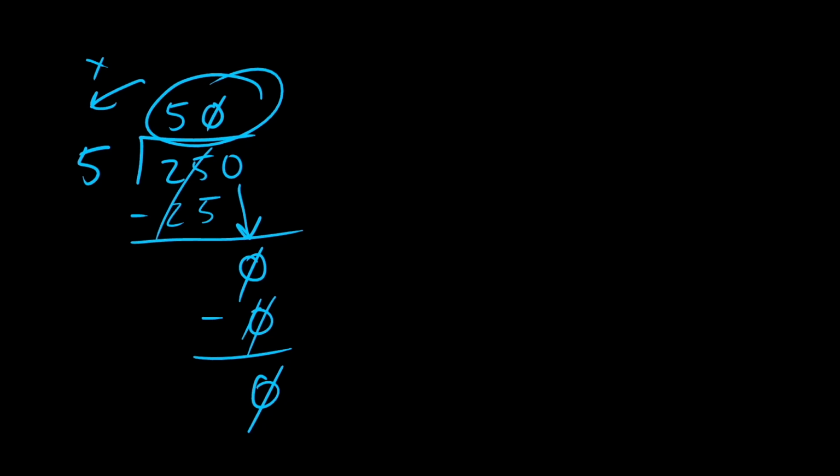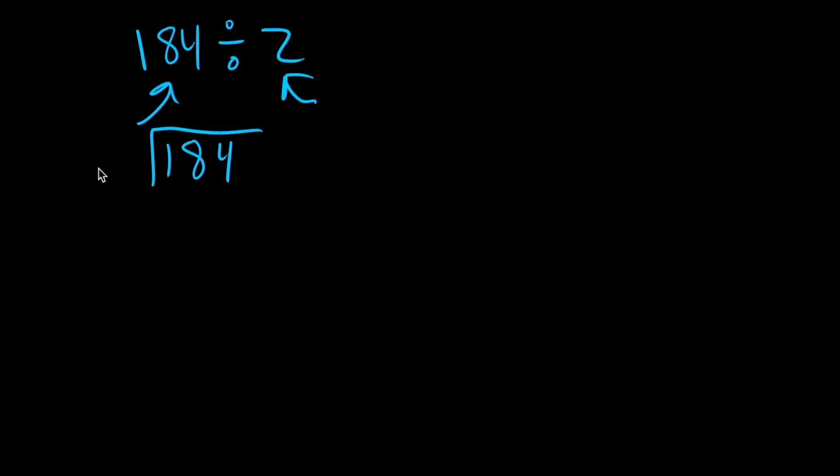Let's try one more for practice. Let's say 184 divided by 2. All right, so this is your dividend, and this is your divisor. So let me go ahead and write that down. 184 divided by 2. And I'll erase all this here above. There. How many times can 2 fit into 1?